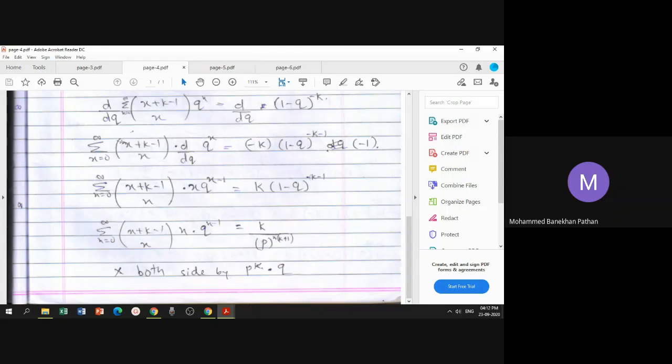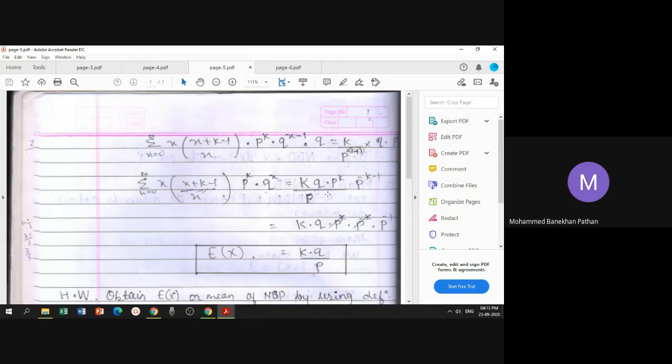Be careful. Now for this step, multiply both sides. This is not x, this is multiply. Multiply both sides by p raised to k multiplied by q. This quantity you multiply on the right side as well as the left side. So what will you get?